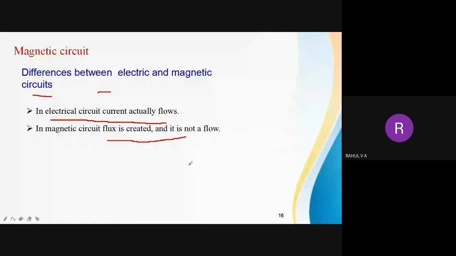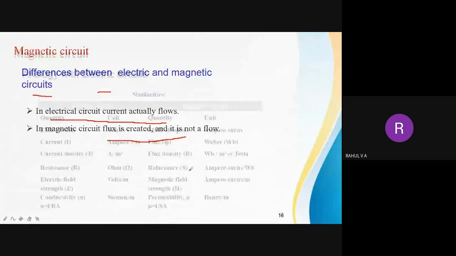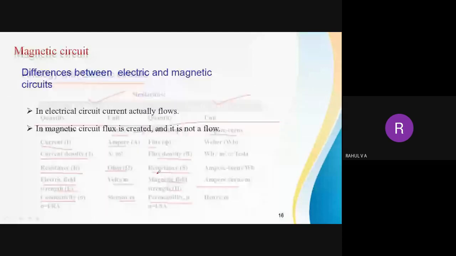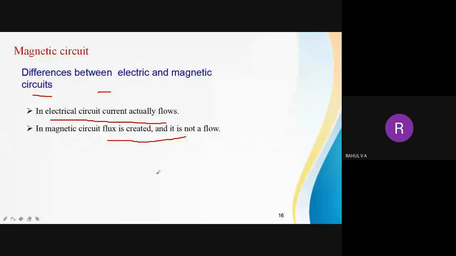That is the difference between electric circuit and magnetic circuit. One more comparison I can say: Kirchhoff's laws are applicable for both electric circuit and magnetic circuit. So if the difference is asked, you should say that in electric circuit current actually flows, but in magnetic circuit flux is built up, it does not flow.